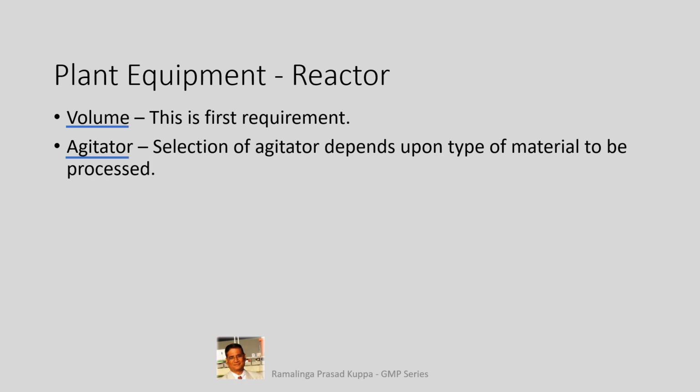Certain highly viscous materials are mixed using a propeller type of agitator. When a propeller type of agitator is used, the position of the agitator will be off center of the reactor. This is to avoid vortex formation in the reactor. If there is vortex, the mixing will not be uniform.